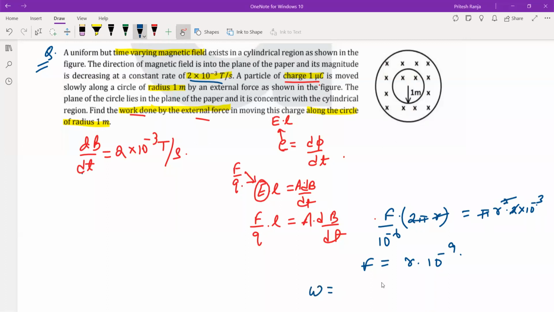So work will be force into distance. Again distance, what will it be? 2πr. So r into 10 to power minus 9 into 2πr. So yes, we have the radius with us. So we will put the value, we'll get 2π into 10 to power minus 9 joules.